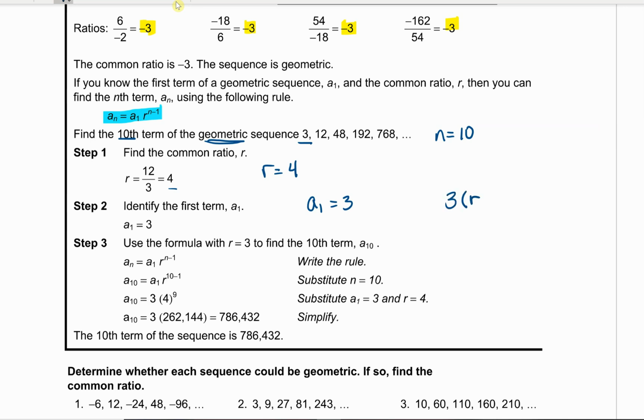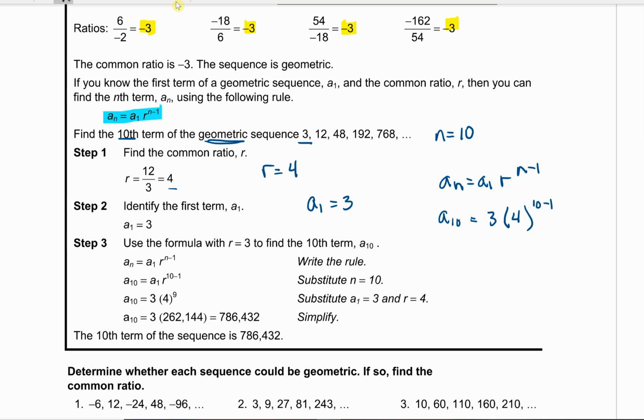So if we put them all together, let's do it the right way. A sub n equals A1 times R to the n minus 1. So A sub 10 is 3 times R, which is 4, to the 10 minus 1.